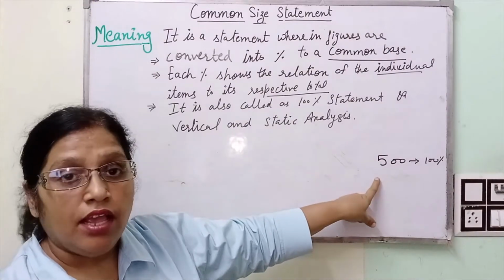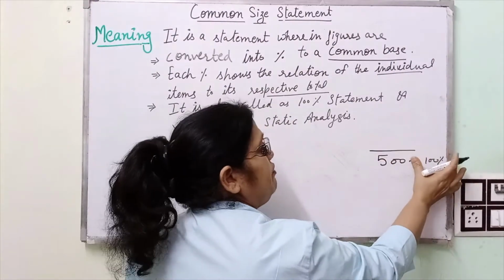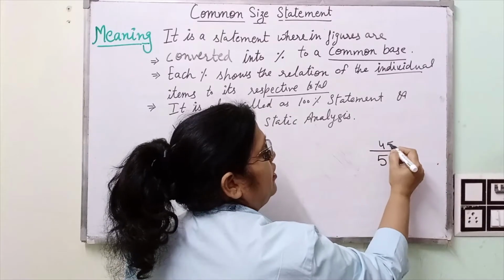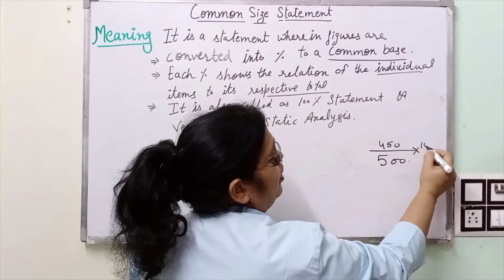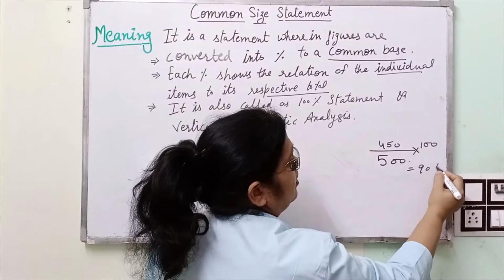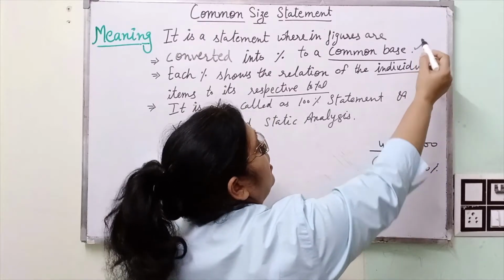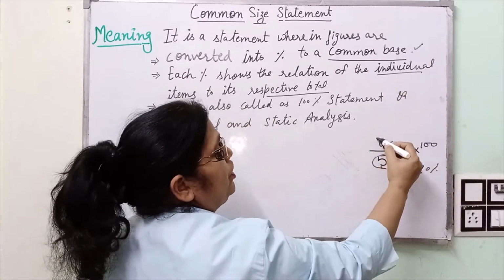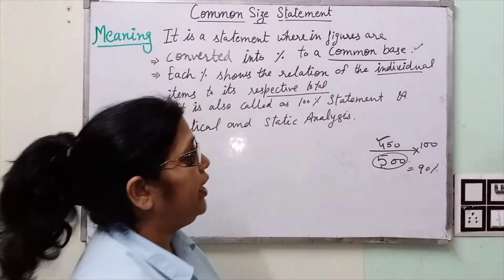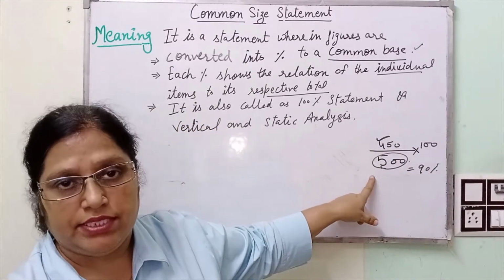This is the base, and if someone achieves only 450, then we calculate the percentage in this way. It comes to 90%. Some amount is taken as the common base and all individual marks of every student are considered on the basis of the common base.